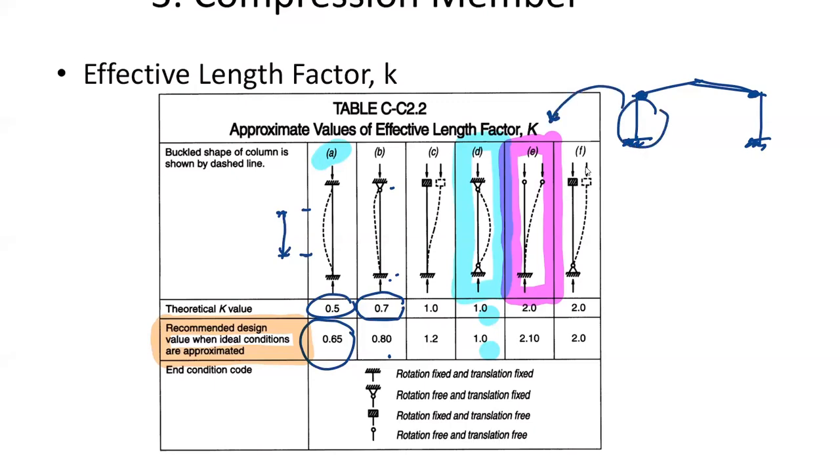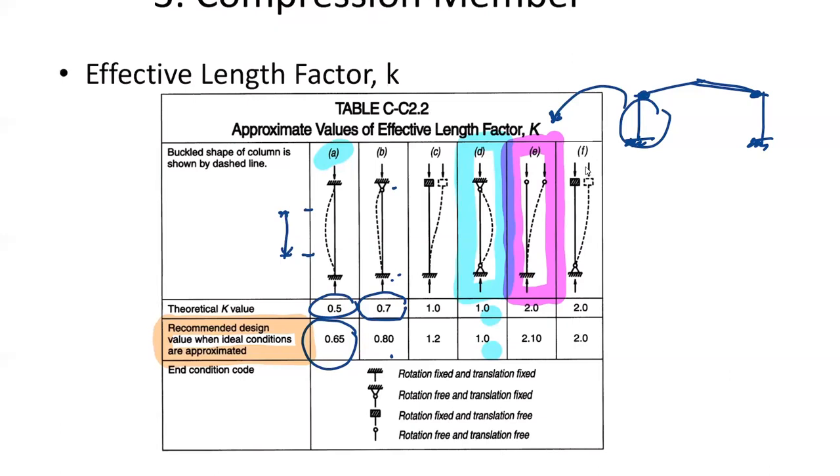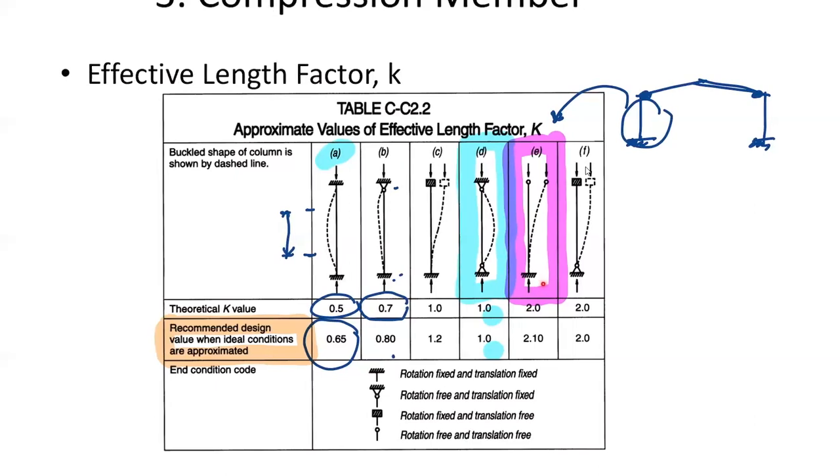And notice that in this case, K theoretical is 2 because of the cantilever. So your sine curve takes twice the length to come close its loop to form a sine curve. And remember, this is fixed. We don't want to use real fixed. So the recommended value becomes 2.1, you see?